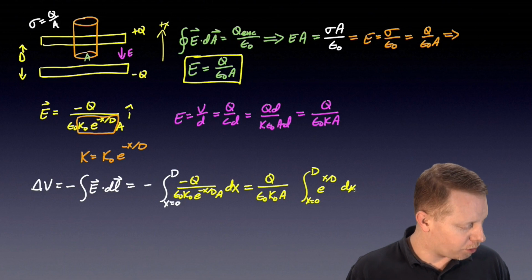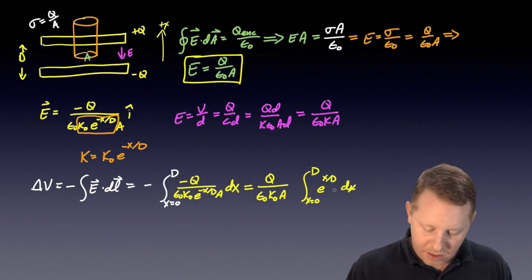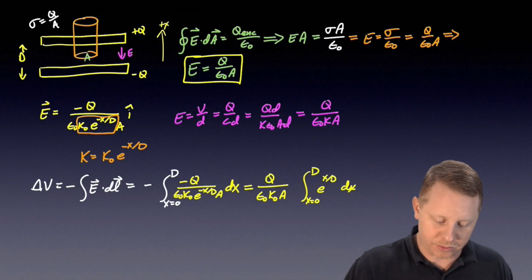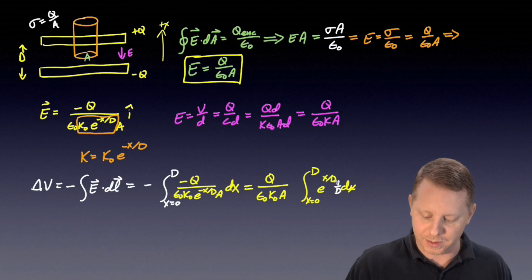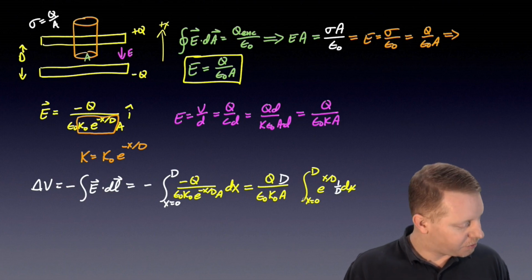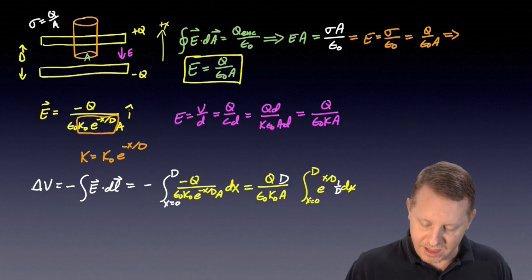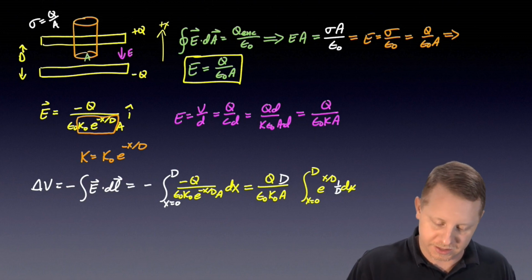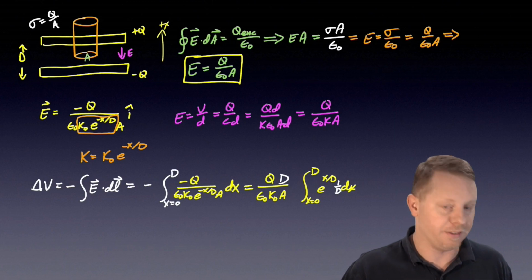That fits the form e to the u du, except our du has to have 1 over d. So I would need a 1 over d here to make that work. If I put a 1 over d here so I fit the form, I need to put a d over here, so we're really just multiplying by 1. At that point, I've got something I can actually integrate. I'm going to finish that on a new screen because I think we're going to run out of room here pretty quickly.